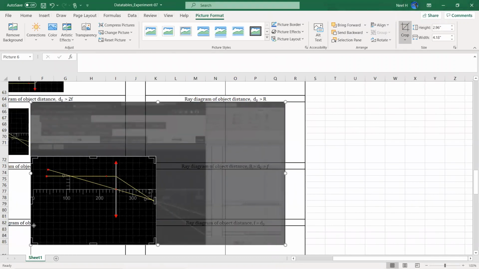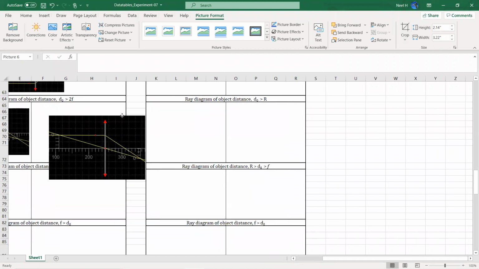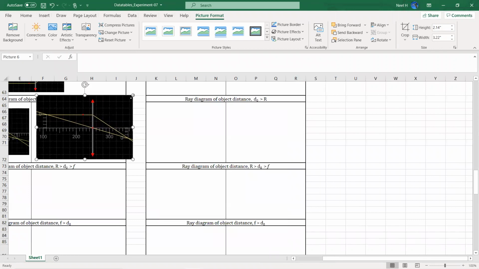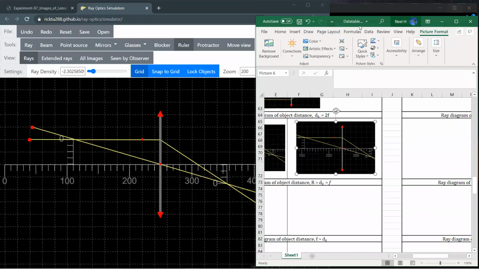Make sure the image, all the rays are visible, the object, and then the lens and everything. Okay, so that goes to here. Right, then let's continue.